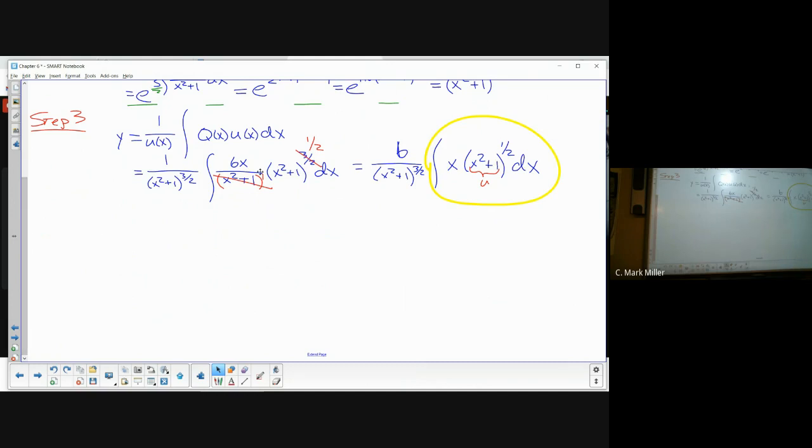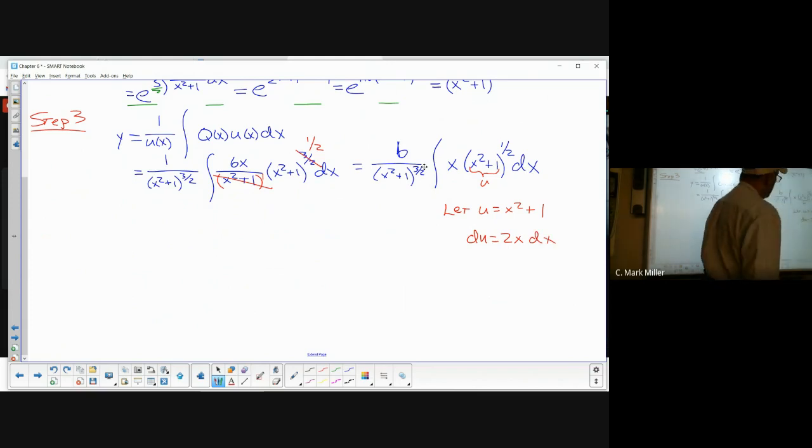Let U be x squared plus 1. Du is 2x dx, and so x dx is 1/2 du.